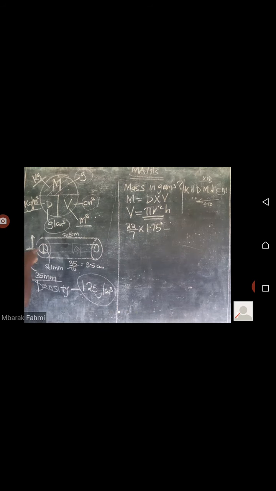Now for the smaller circle, the diameter is given as 21. If you divide by 10, this will be 2.1. And that 2.1 we need to divide by 2 to give it in terms of radius. It will be 1.05.